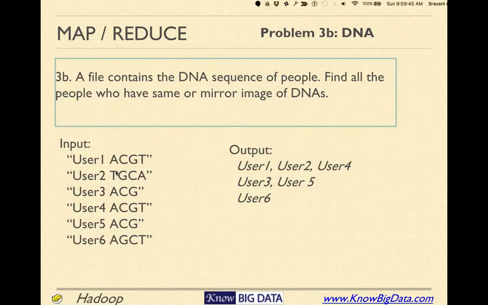So user 1 and user 2 are mirror images of each other. There are a billion entries like this in this file, and you have to write code so that you can bring them together.